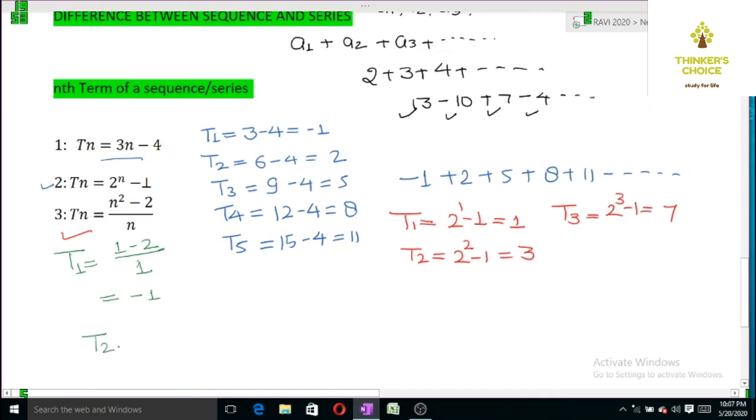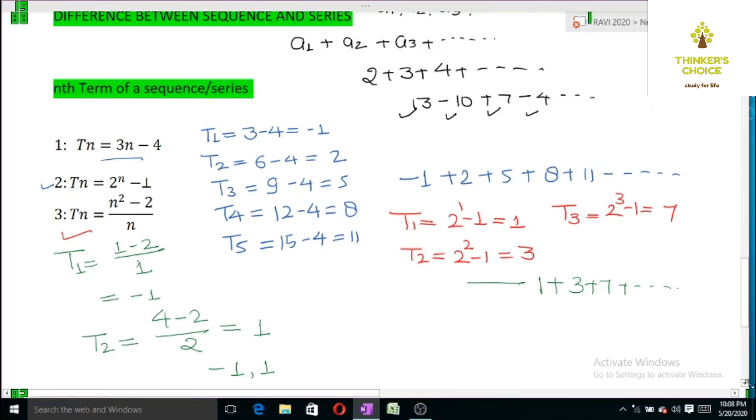And T2 is 2 squared, that is 4, minus 2 upon 2, which gives 1. So the first term is minus 1 and the second term is 1. In the previous case, the first term is 1, the second 3, so 1 plus 3 plus 7 is the series. This is the basic idea of nth terms.